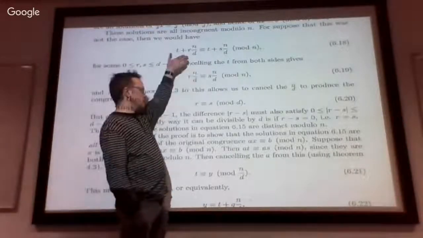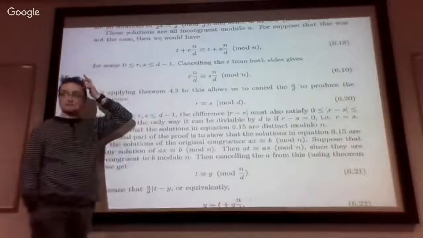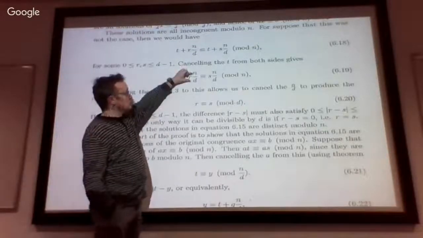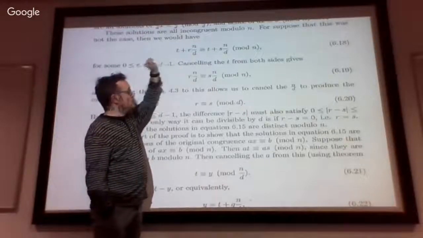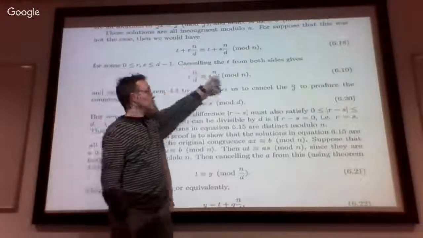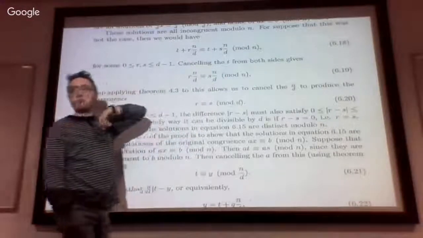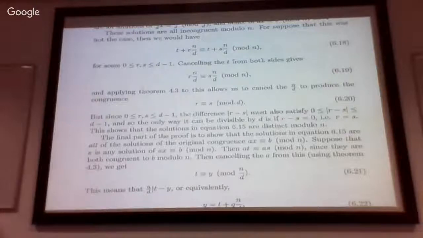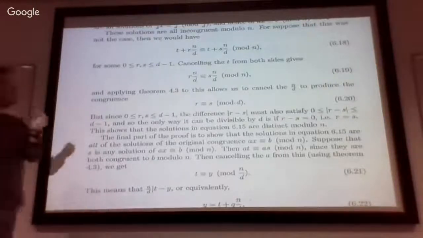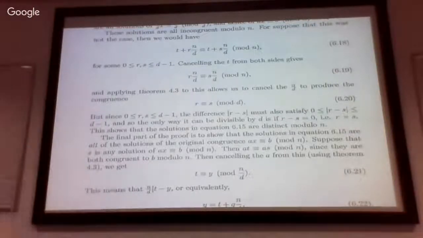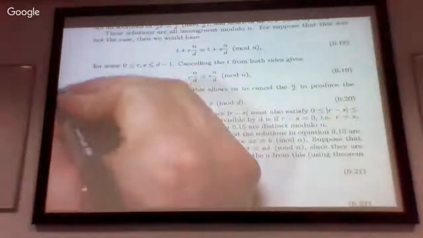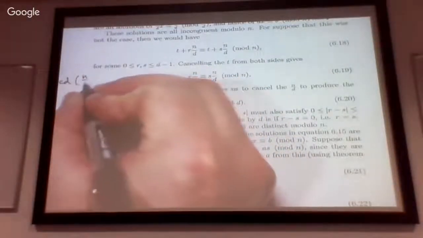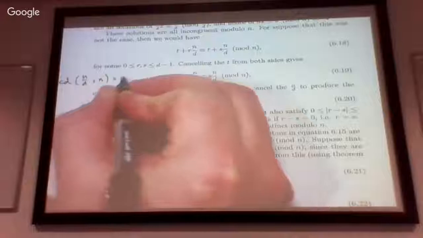Remember, d is a divisor of n. So when you divide n by d, you get some integer, and that's still a factor of n. Okay? Because n is equal to n over d multiplied by d. So the GCD of n over d and n is equal to n over d.